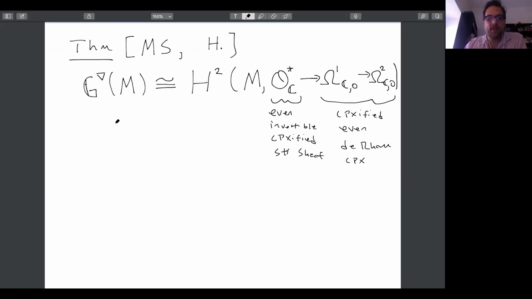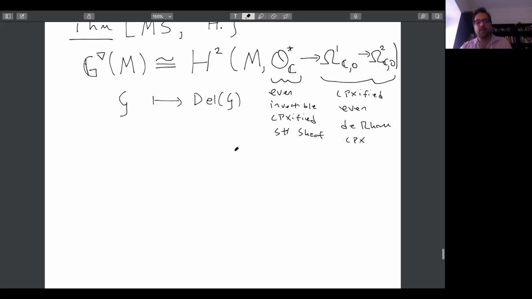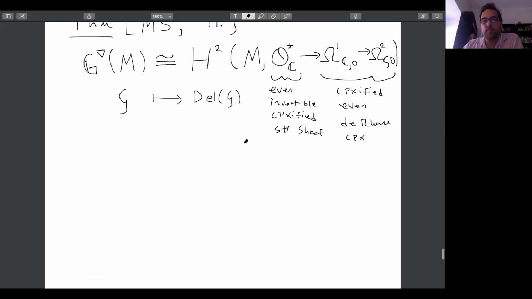And this operation that takes a bundle gerbe with connection to its Deligne class, I'll write as Del of G. Okay, so let's get to the concluding portion of the talk, which is to do with the body and soul.